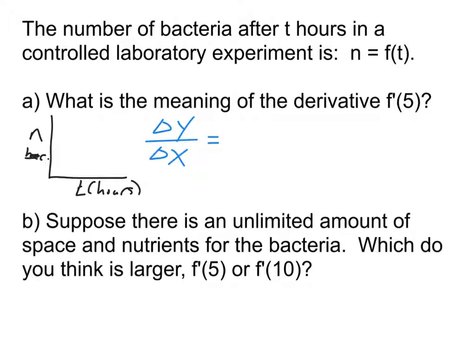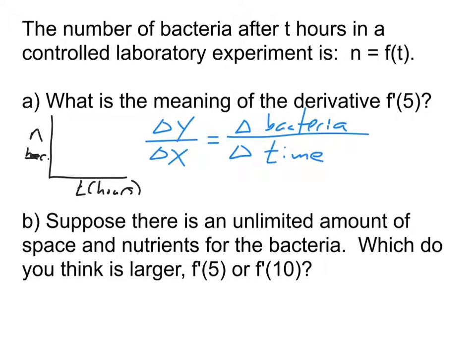Delta y is the change in bacteria, over delta x, the change in time, that is the number of hours. You could write that as time or hours. And so notice what f prime is telling us here: f prime is telling us how quickly the bacteria are changing over time.